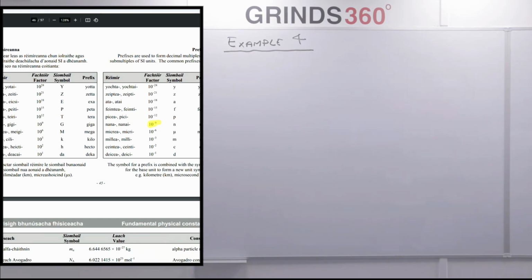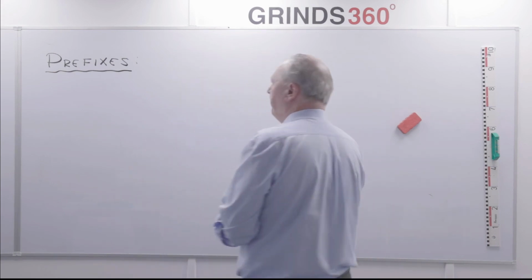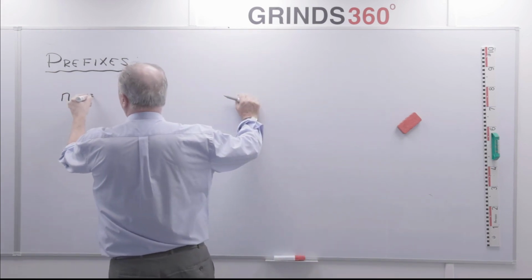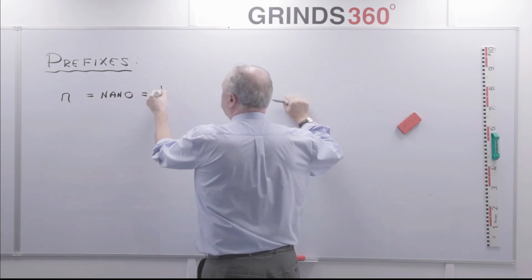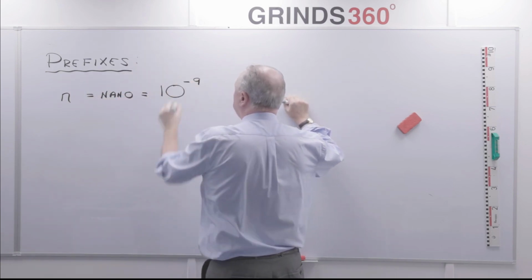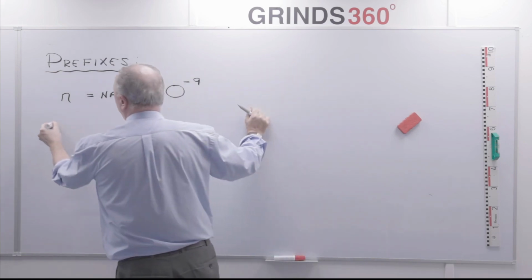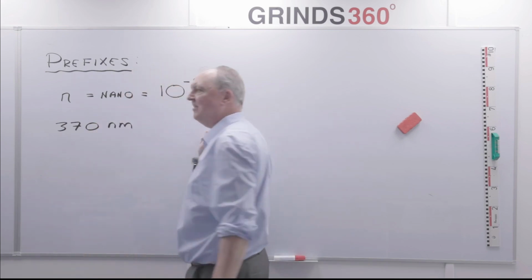Let me talk briefly about prefixes before I do that question. We're talking about n is equal to nano, and that is equal to 10 to the power of minus 9. So, for example, 370 nanometers is the wavelength.